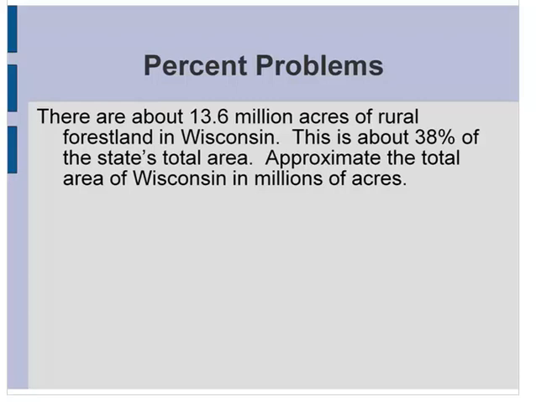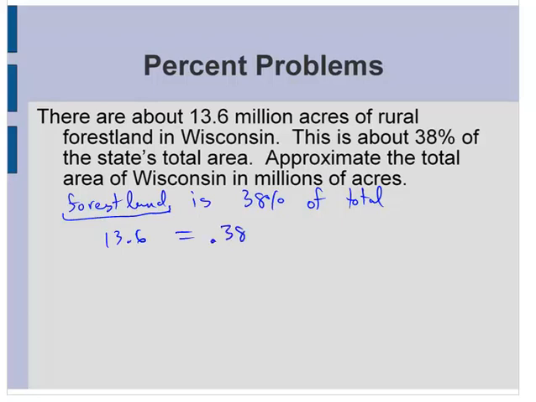So the rural forest land is 38% of the total. Now we know this number, the forest land is 13.6, is 0.38 of the total. We don't know the total.